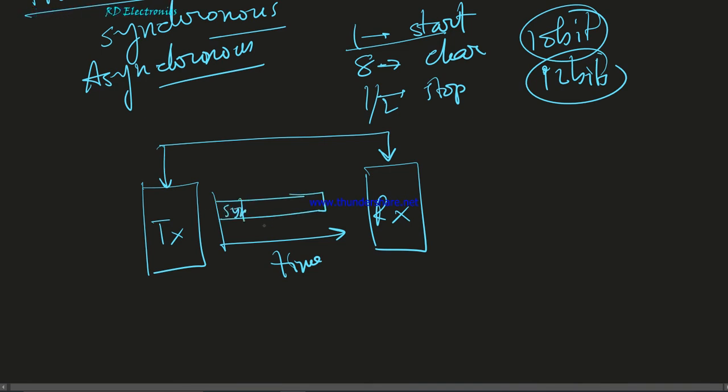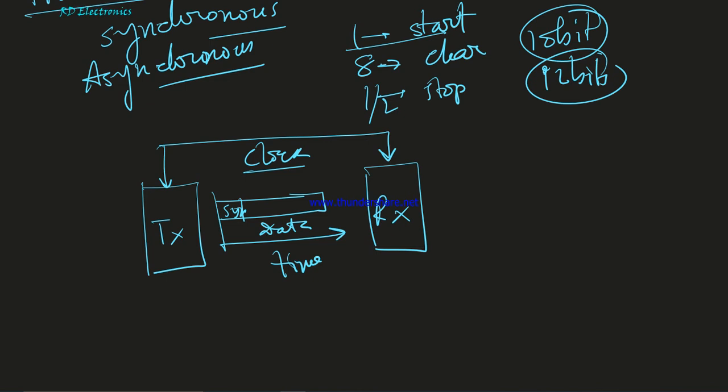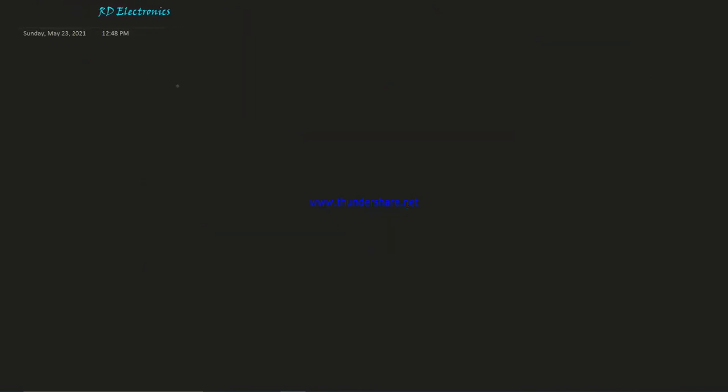So this is our data format. This clock and this clock are connected to the main master clock, and data should be communicated in the same clock cycle.